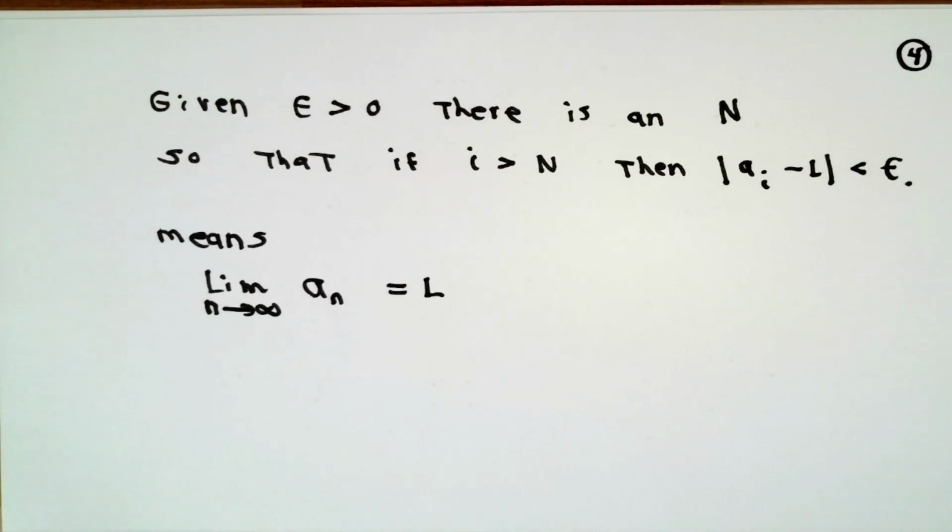This is the official formulation we had for the statement that the limit as the index tends to infinity of A sub i equals L. So if I have a sequence of numbers that is bounded and strictly monotone increasing, that sequence of numbers converges to something.